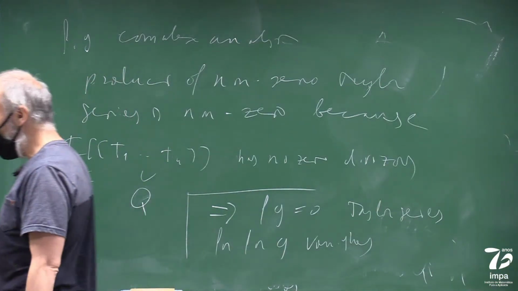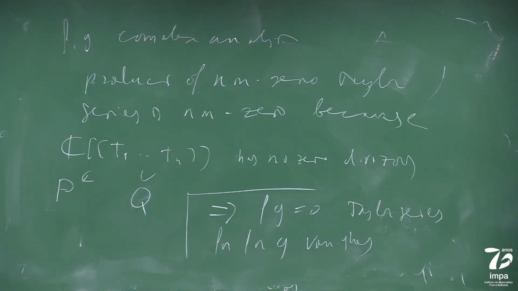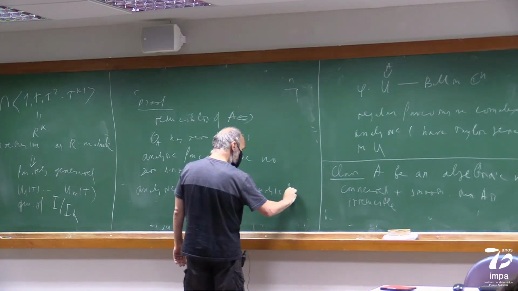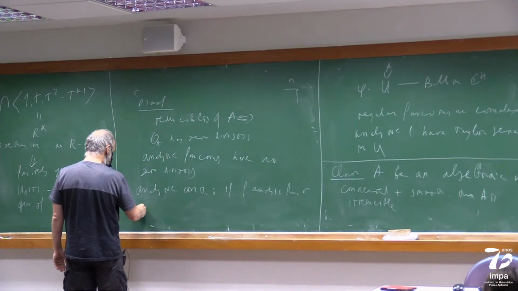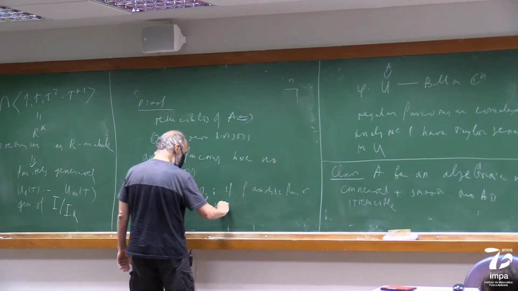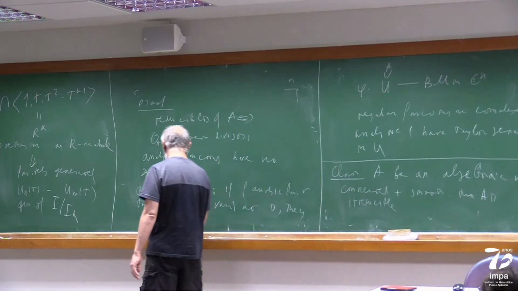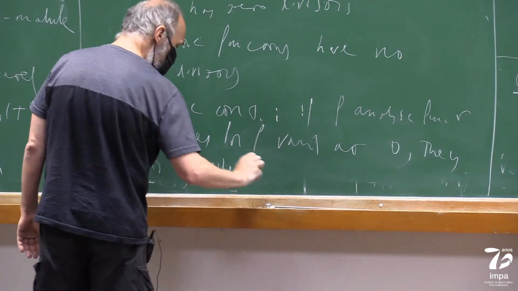And another ingredient is the analytic continuation principle, which says that if f is an analytic function and the Taylor series for f vanishes at some point, then f vanishes everywhere.